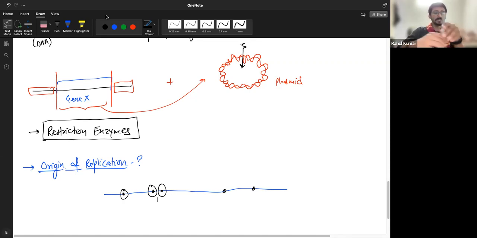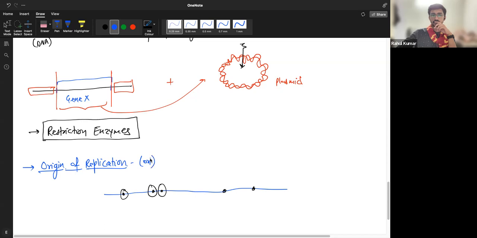Okay, so these origins of replication are the sites, hotspots, which are very important. So write down: in chromosomes, there are specific DNA sequences known as origin of replication sequence.